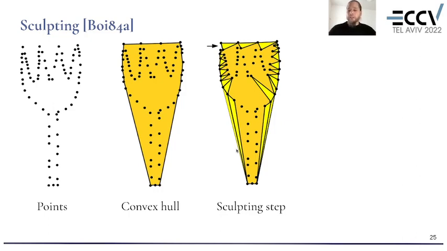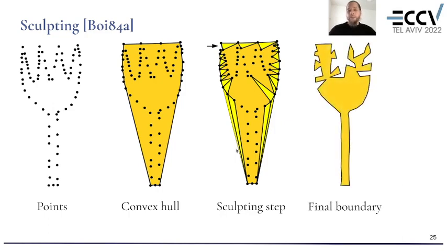Based on some criterion, we remove triangles until a stopping condition. Unfortunately, original sculpting often falls into local minima, and then we may get a final boundary like this if the sampling is relatively sparse as in this point set.